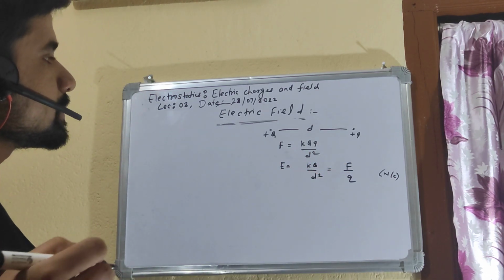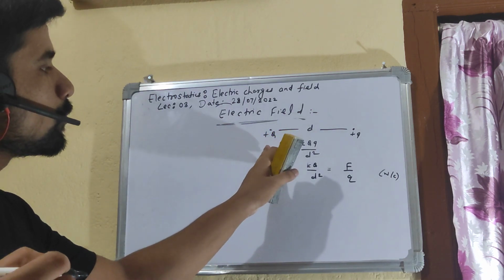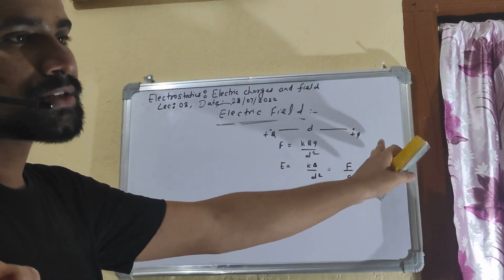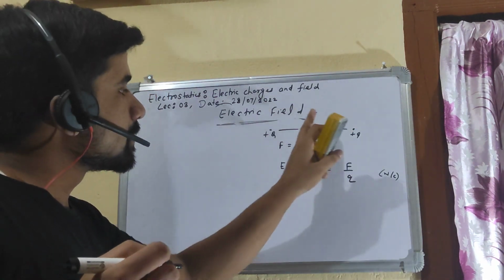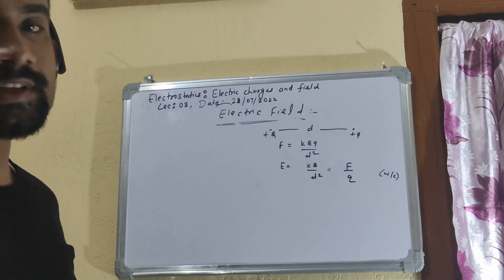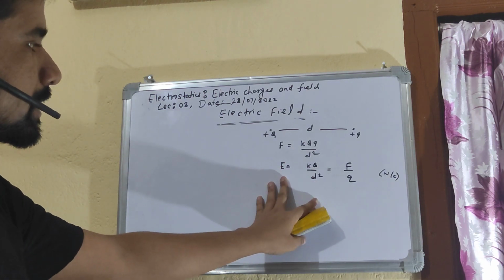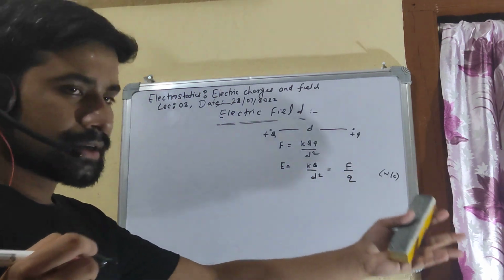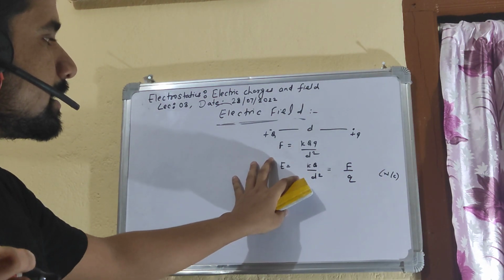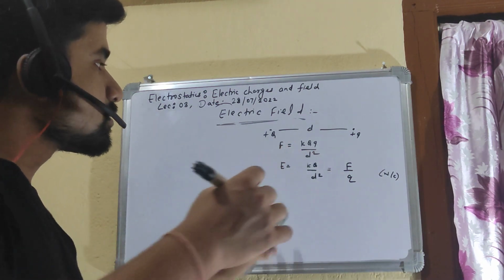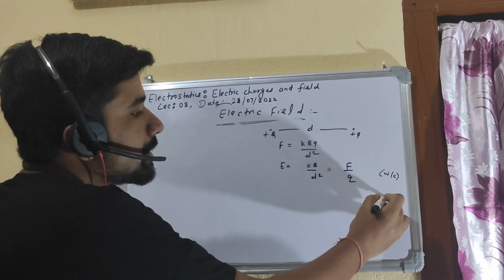Now you can see that force depends on the magnitude of the charge on which we are calculating. If this is the destination charge, the force is proportional to the magnitude of the destination charge. But this field quantity is independent of the test charge or destination charge. It does not have the quantity q in it, right?